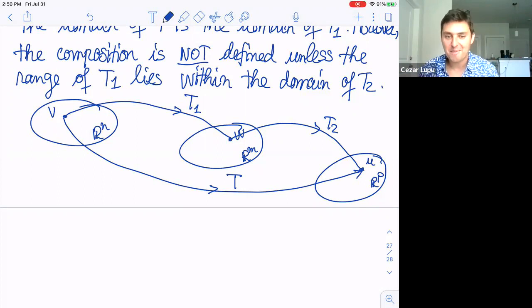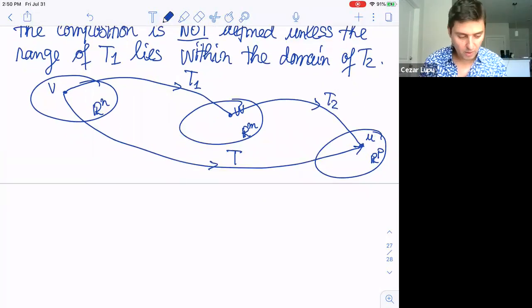And that's exactly what the composition is all about, right? Anyway, I hope this picture is clear enough. That's what this picture, I think, describes best: the composition of linear transformations.